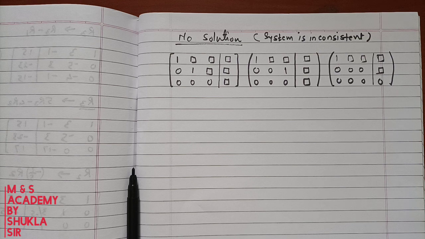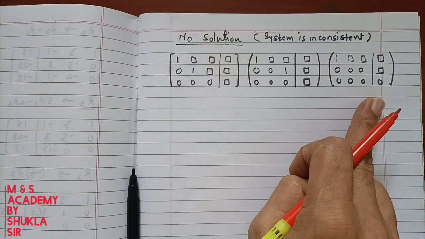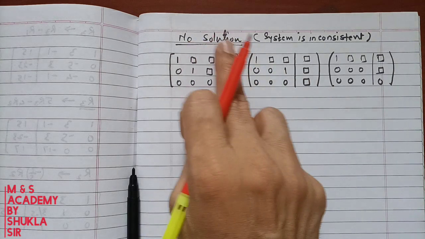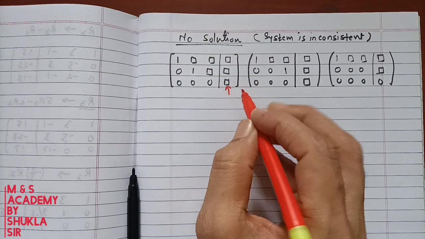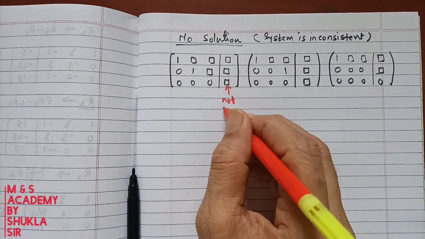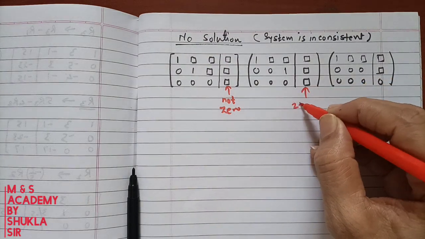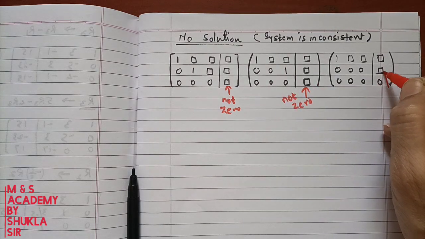Now sometimes when we try to reduce the given matrix for a unique solution, we may obtain one of the following three cases. In this case, we say that there is no solution, or you can say the system is inconsistent. How? You can see this is non-zero, this is not zero, finally this element is also not zero.